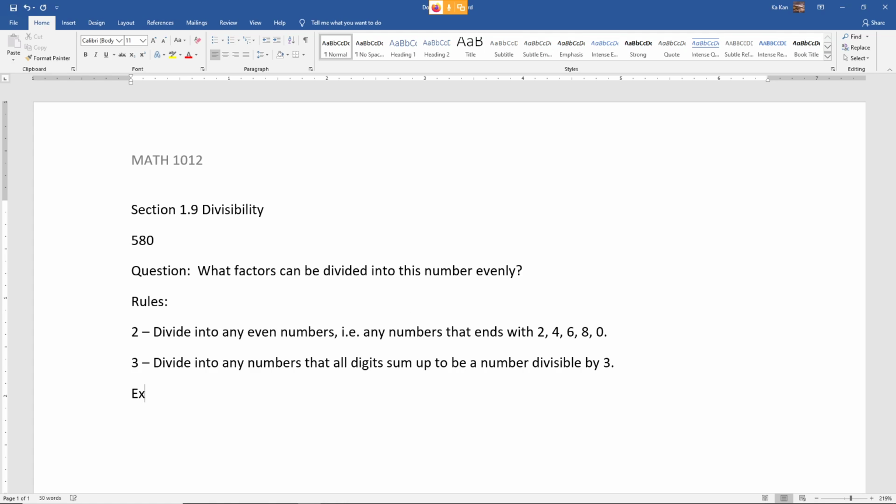Let's just say 580. Now look at this: 5 plus 8 plus 0 equals 13. Can 3 divide into 13? No. So therefore, 3 cannot divide into 580.